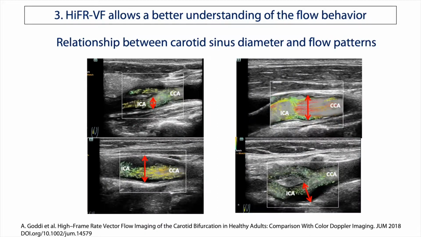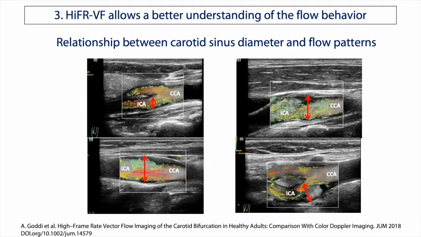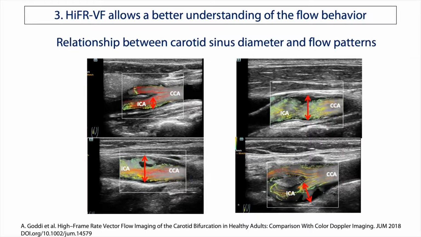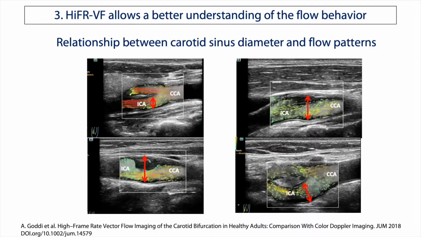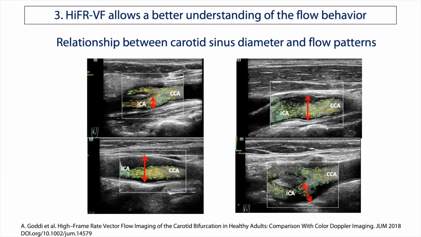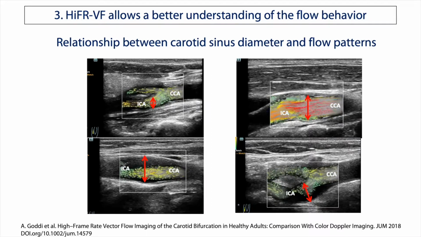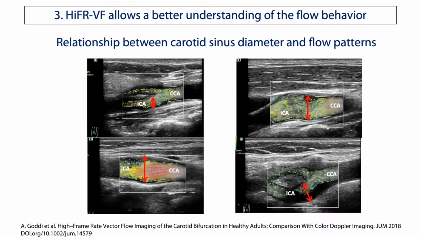As demonstrated in a recent paper of ours, vector flow highlighted a larger extension of the complex flow compared to color Doppler, and depicted different complex flow patterns. A strong correlation was found between the ICA to CCA diameter ratio and the complex flow extension.